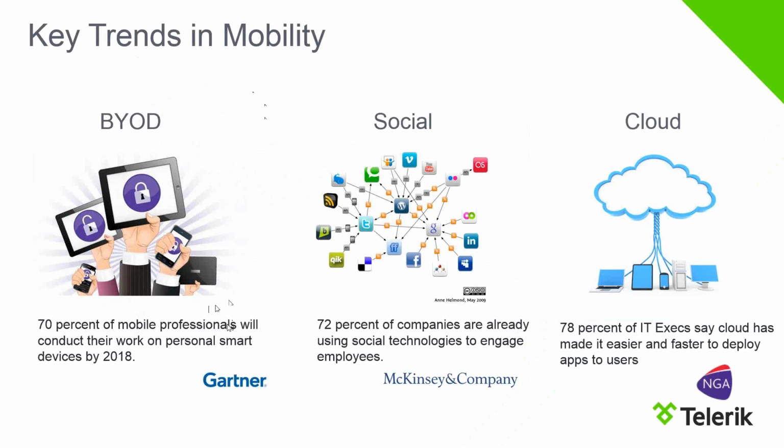Next is about social, which is how you engage with the companies. So in mobility, obviously, just like anybody else, you're probably using Facebook, Twitter, WhatsApp, Skype, or Viber. These are some of the applications that you're probably using the most.